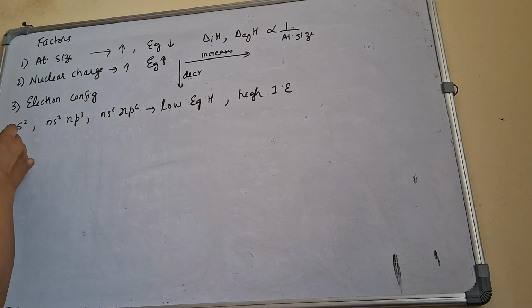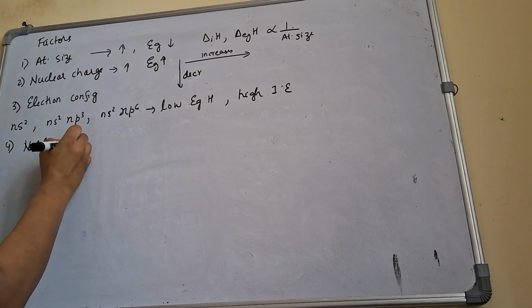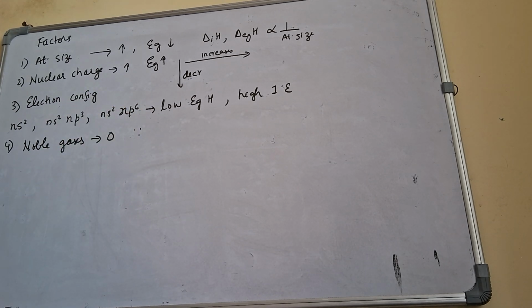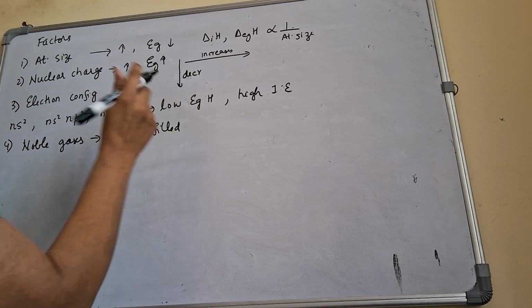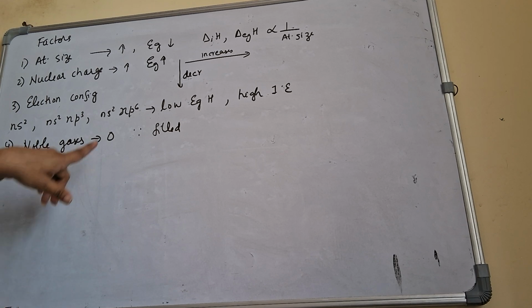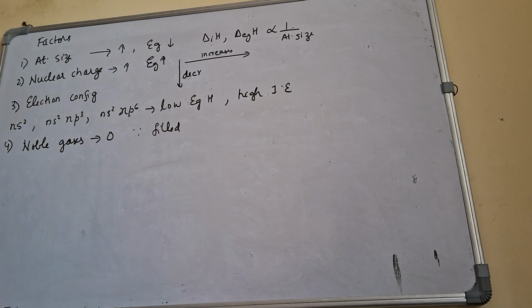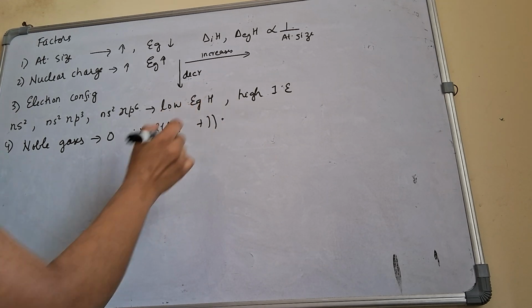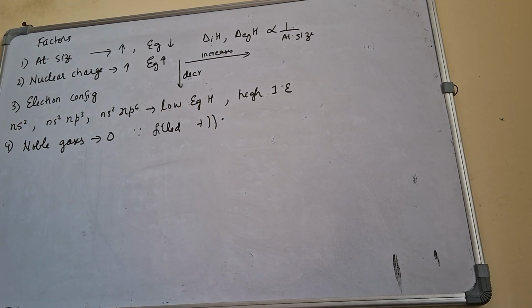How about for the rare gases? For noble gases, electron gain enthalpy is positive, or we say it is zero also. The reason is that they already have a filled configuration. If you want to put in an extra electron forcibly, then it will have to occupy the next shell, unlike all others. That is very difficult, and that's the reason they are noble.